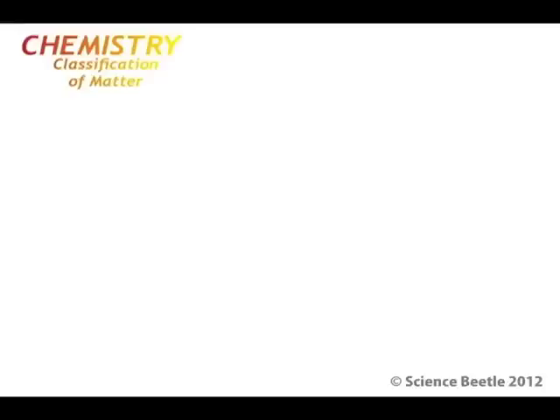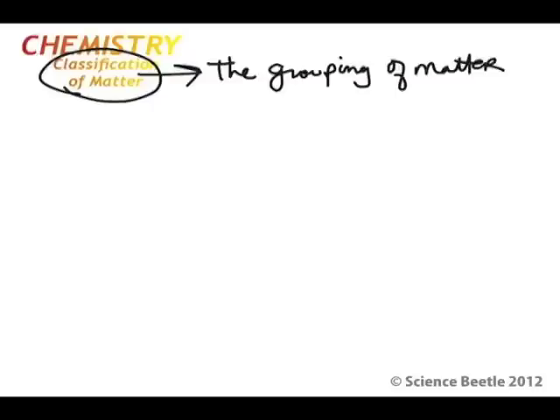What I want to do today is give you a more general way of looking at how we group matter together, which is what classification of matter really is. A general way to bring up a visual in terms of the grouping is to think of it almost like what happens when you put a fluid in a funnel.